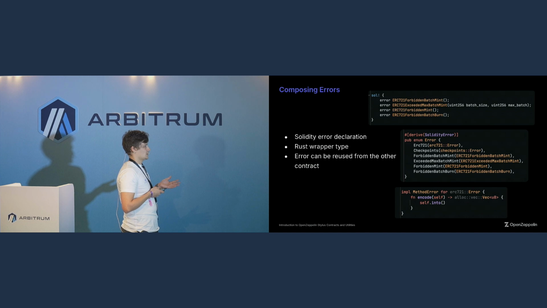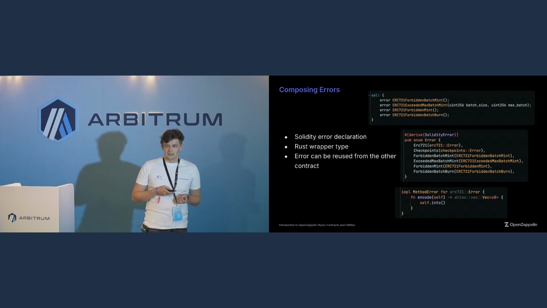Errors can be declared in Solidity-like style. Of course, one crucial thing is that you should implement the method error for all underlying errors, otherwise it won't compile, but it's quite simple. Maybe in future it will be included in this macro, and it will get more convenient.